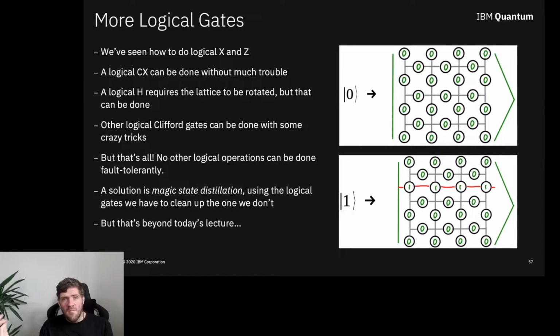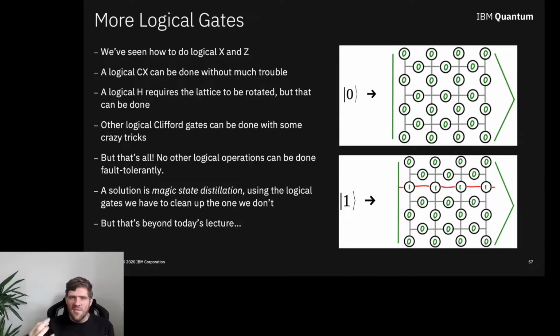So yeah, you can do multiple operations. You can do other Clifford operations as well if you do some crazy tricks. However, no other logical operations other than Cliffords can be done fault tolerantly, but we do have methods to sort of inject them.